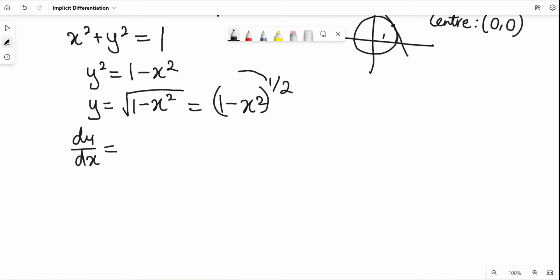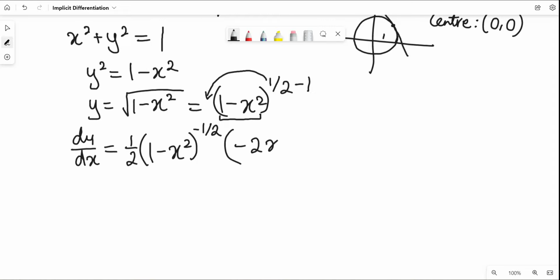When we use the power rule, you get the 1/2 down and minus 1. So we have 1/2 times 1 minus x squared to the power half minus 1, which is negative a half. And then remember to multiply by the derivative of the inside. The derivative of 1 minus x squared is negative 2x.